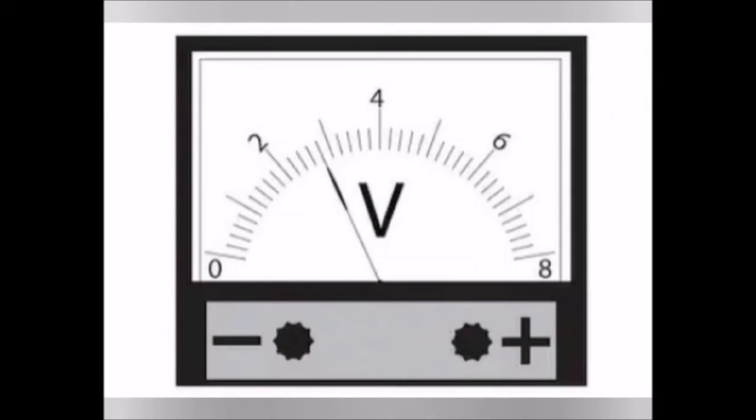This is the voltmeter. It is used to measure the potential difference between 2 points in an electric circuit. Simply, the voltmeter is used to measure the voltage. For example, if our car does not start, we can measure the battery voltage with a voltmeter, and we can decide whether the battery of the car is charged or drained.